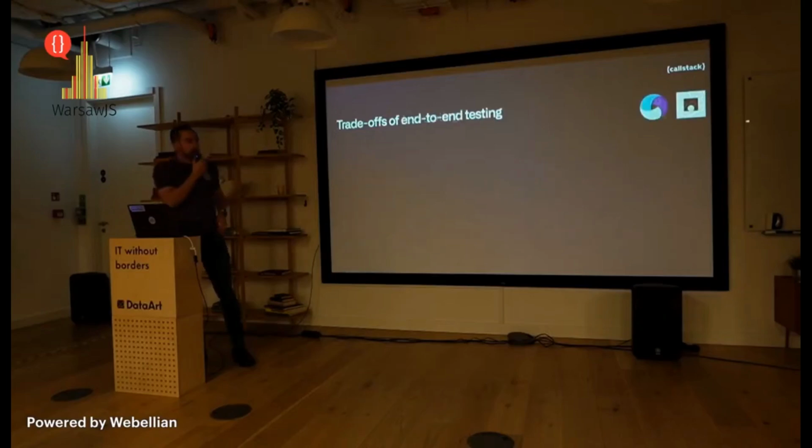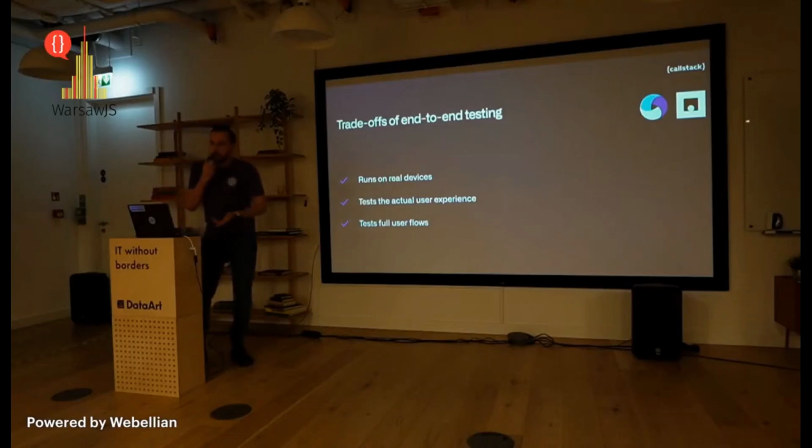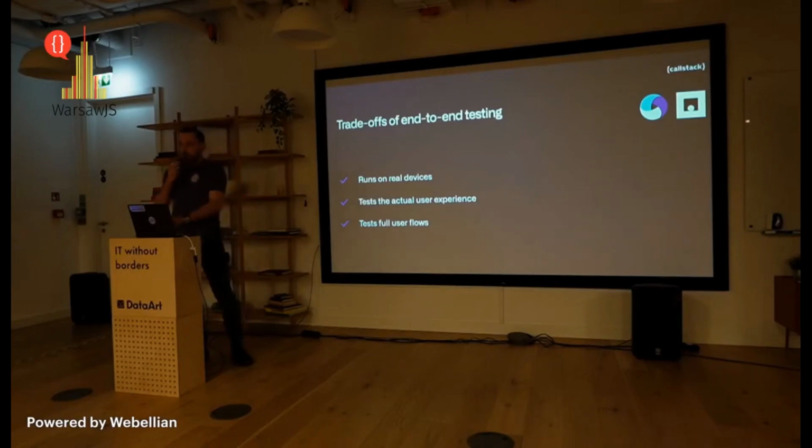But on the other side of the world, we have end-to-end testing tools, which are super great, super fun. But with them, we are not testing our components. We are not testing our functions. We are not testing our modules. We are testing the app. So first of all, we need to switch our mind: we should write those tests from the perspective of an end user.